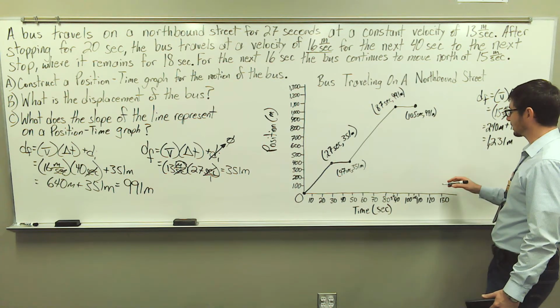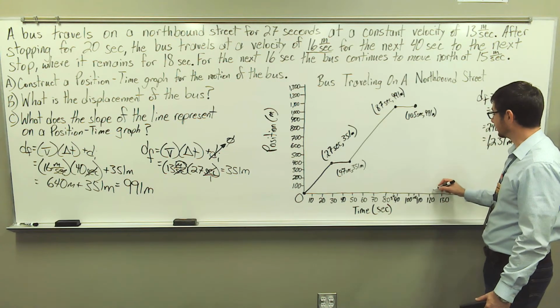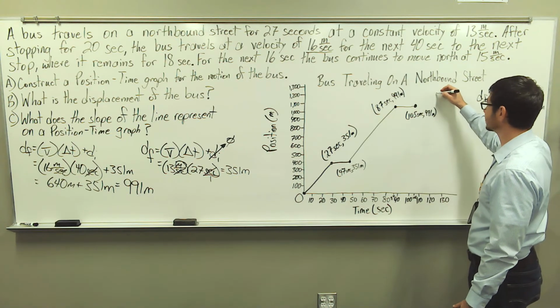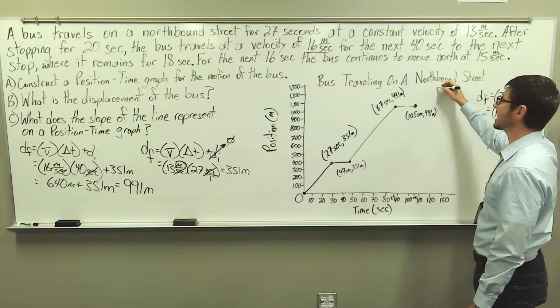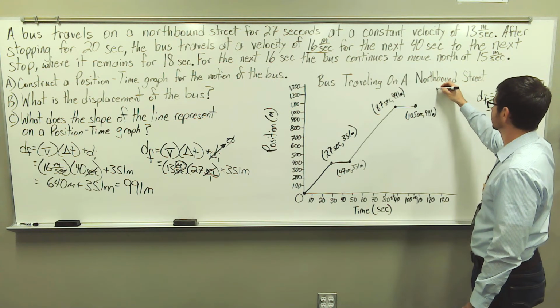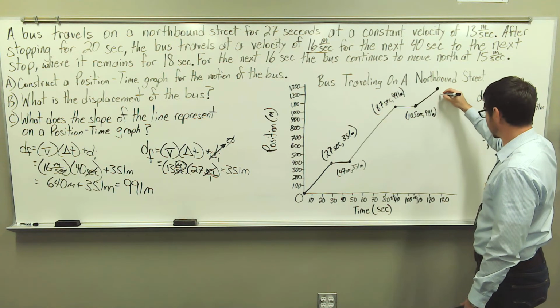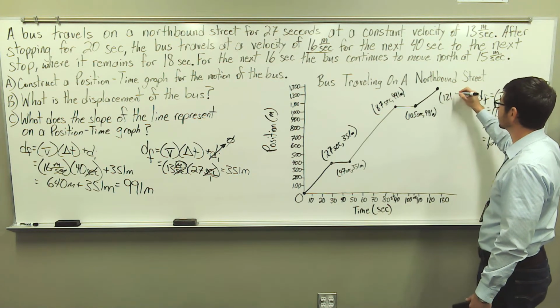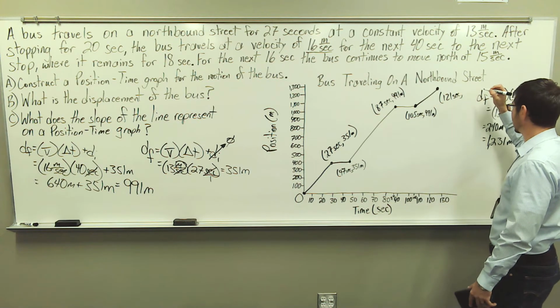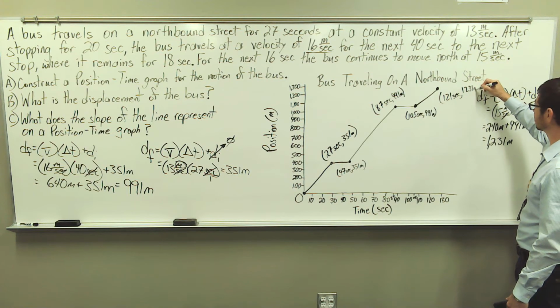So 16 seconds, we're at 105 plus 16. My next ordered pair, or I should say my last ordered pair for this problem, is going to be 121 seconds, 1,231 meters. Okay, so 121 seconds and 1,231 meters.